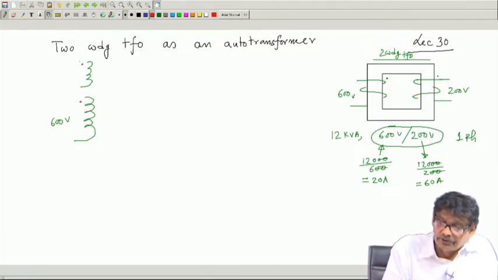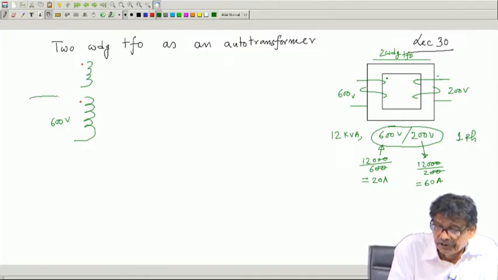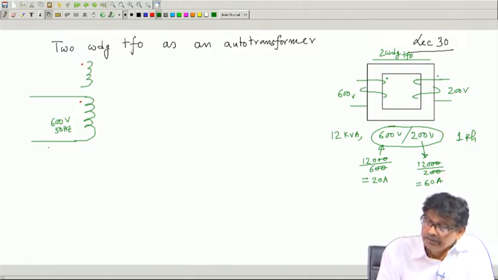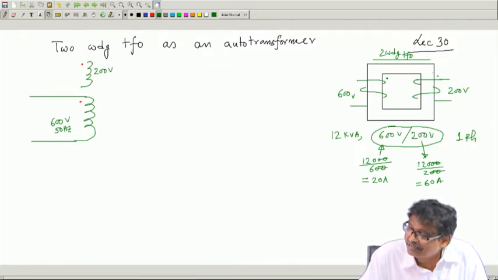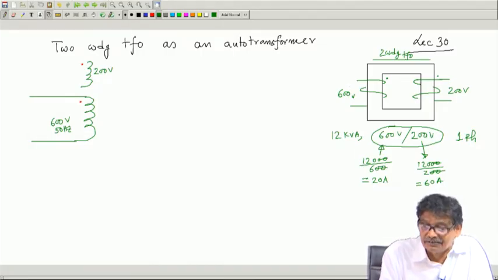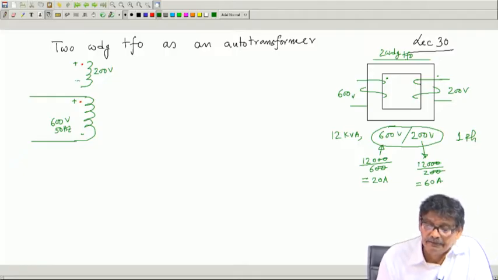This is the high voltage coil and it can be supplied with 600 volt 50 hertz, all are RMS values. The moment you apply 600 volt, you are sure you are going to get 200 volt here. Why would that rule change? Because the same flux links. Therefore, the polarity is also known: if it is plus at any instant, this is also plus, this is minus, this is minus.